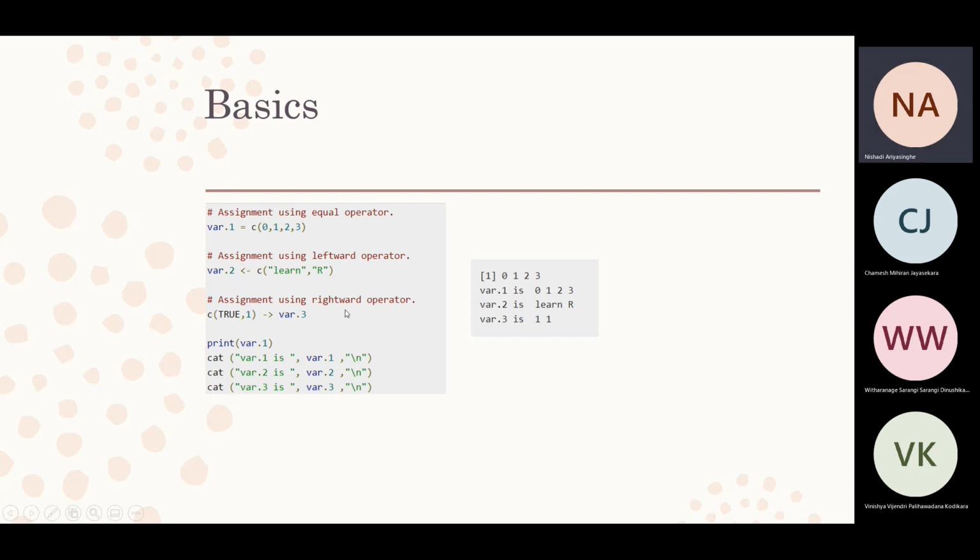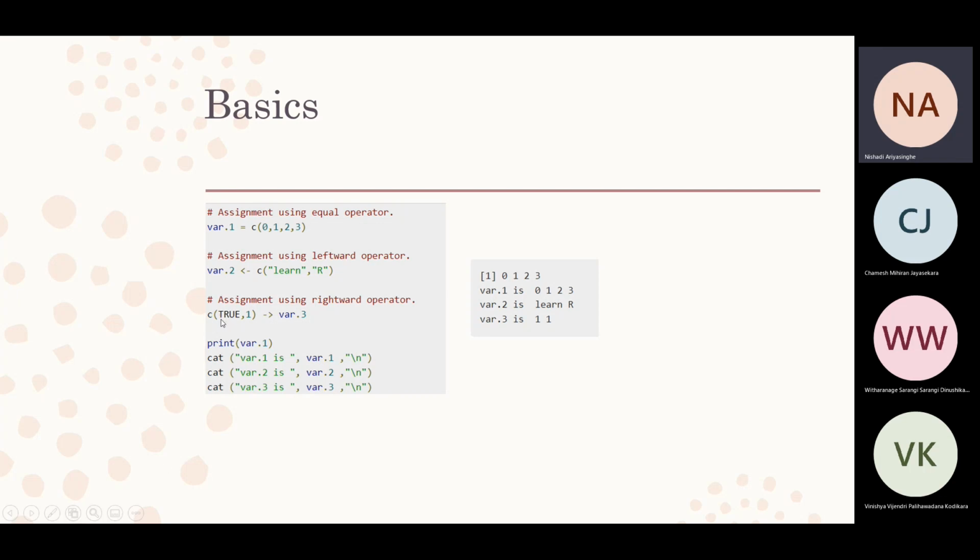We can also use the rightward operator like this. It is the same as the leftward operator, but the side is different. TRUE is like a conditional value, so it will be either 1 or 0.